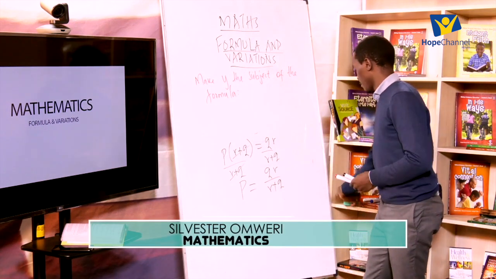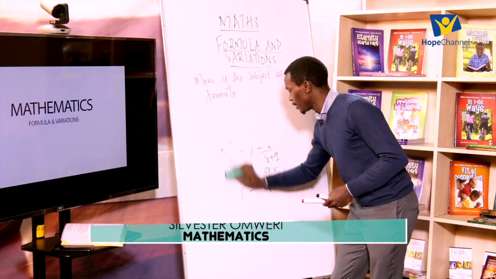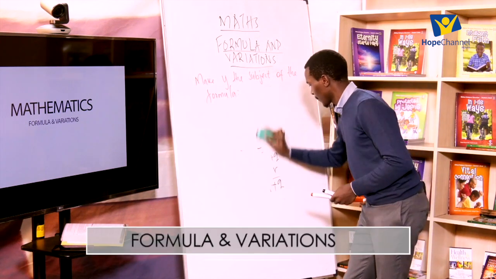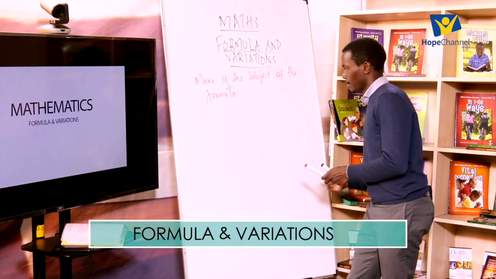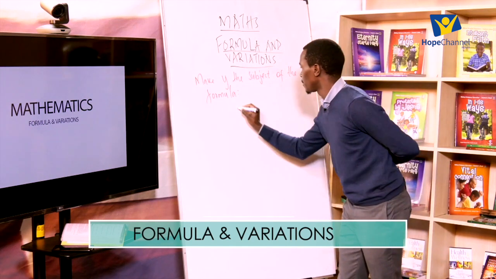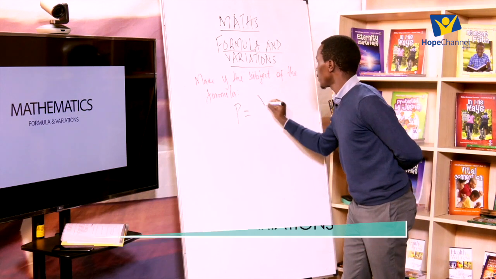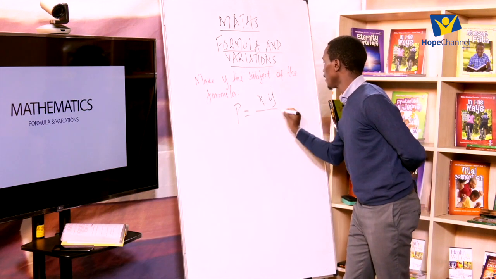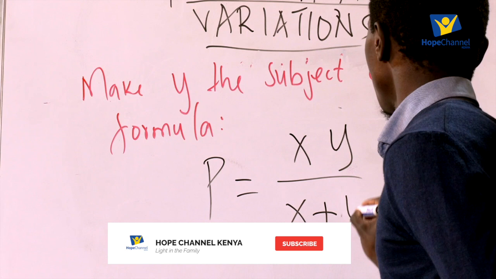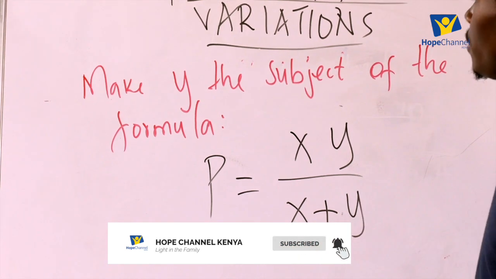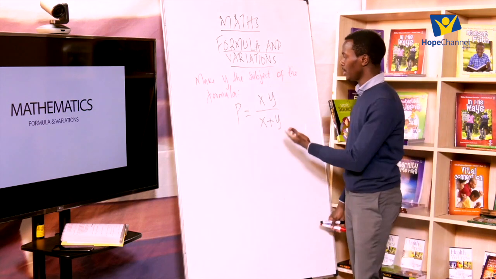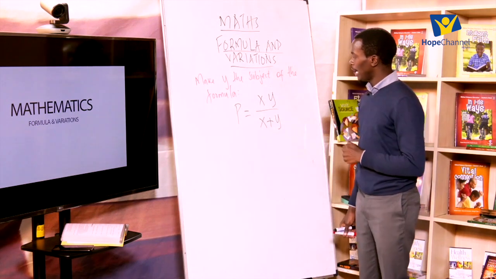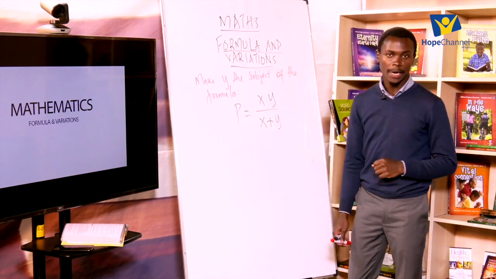So the formula is P is equal to xy over x plus y. So the question is making y the subject of the formula, and that is P is equal to xy over x plus y.